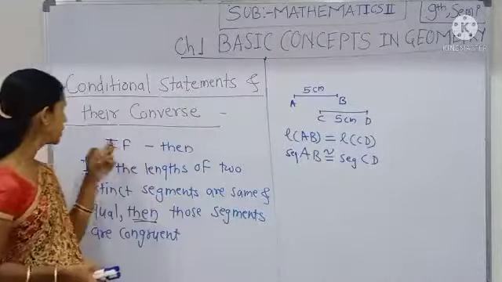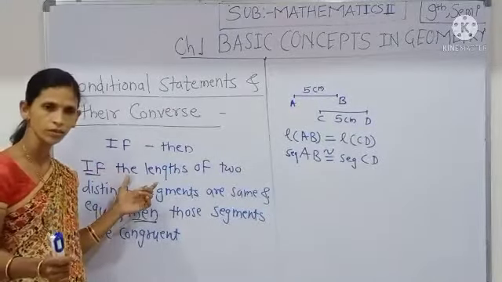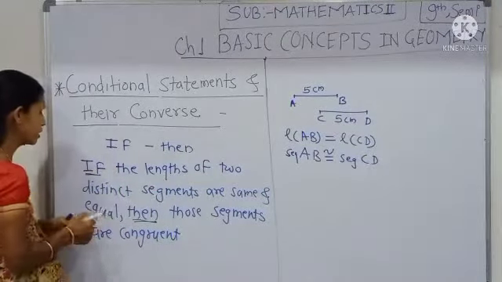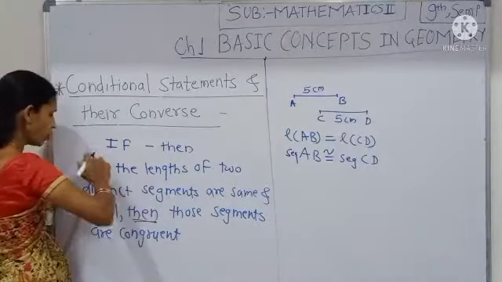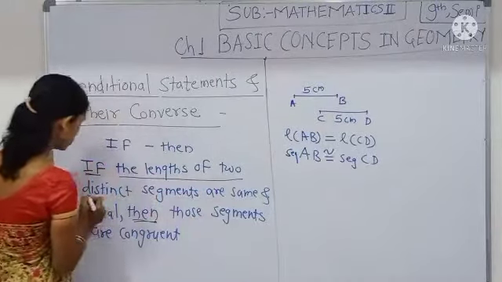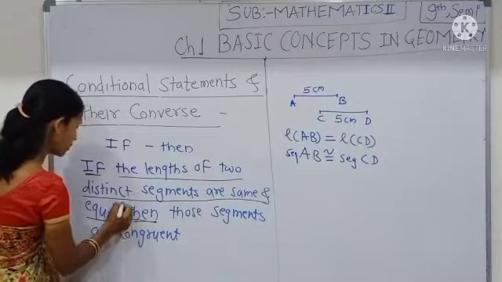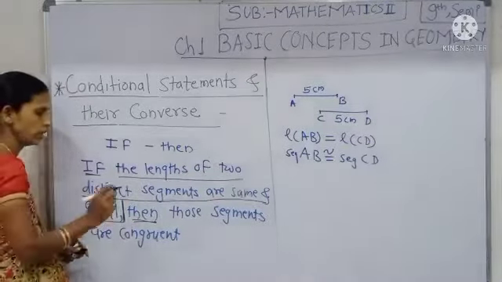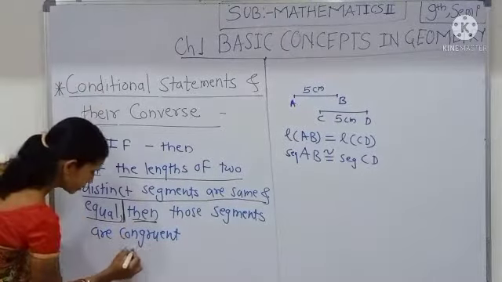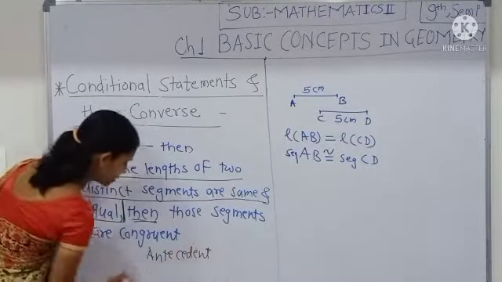In this conditional statement, the part of the statement which follows if, that is, the lengths of two distinct segments are the same and equal, is called the antecedent.